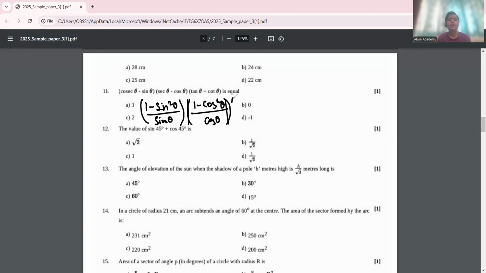And here when I do it for tan theta plus cot theta, I get sine square theta plus cos square theta upon sine theta cos theta.